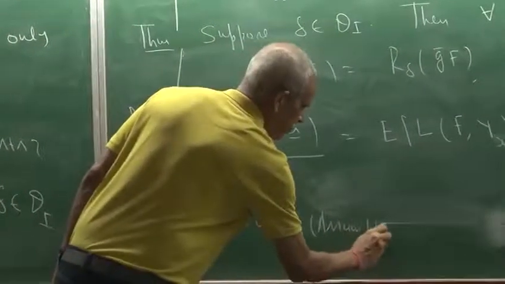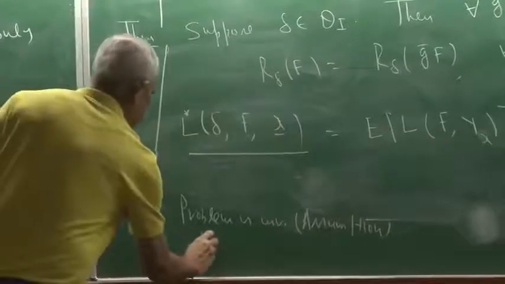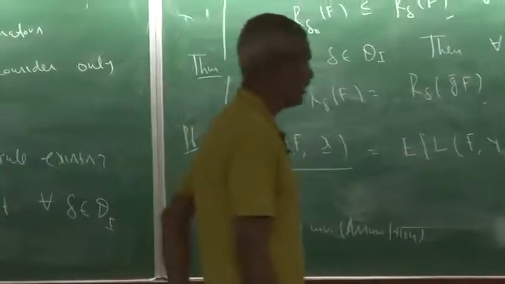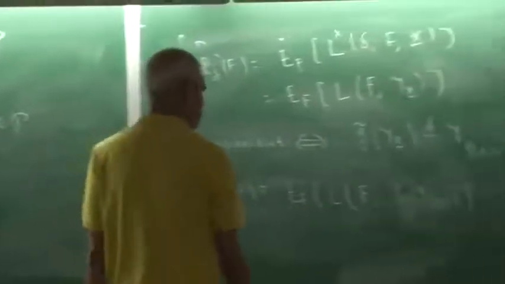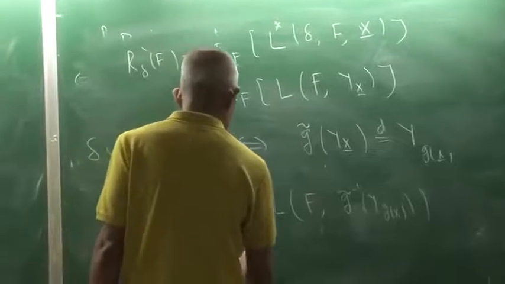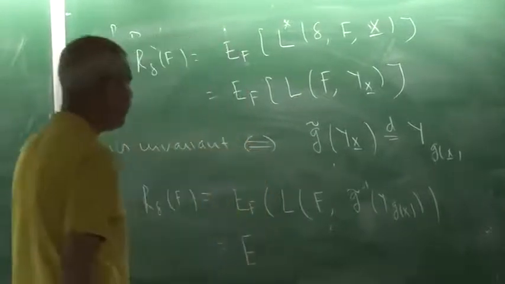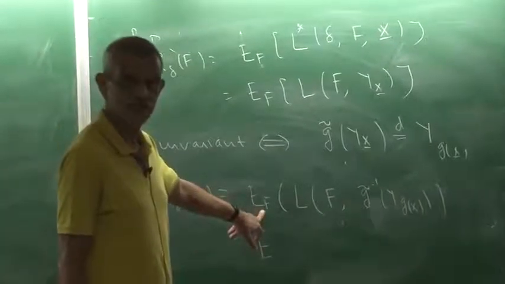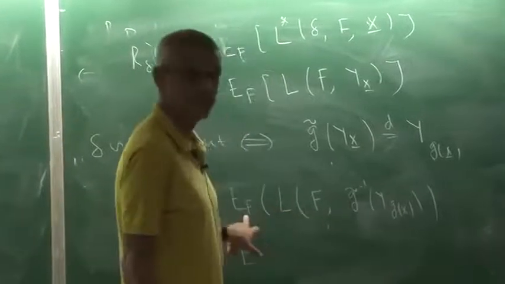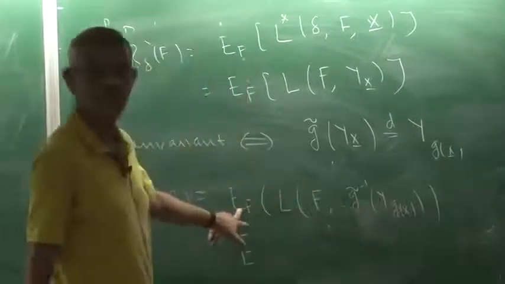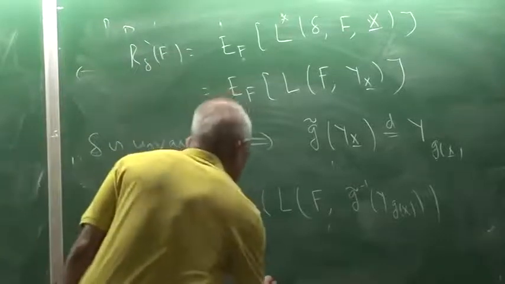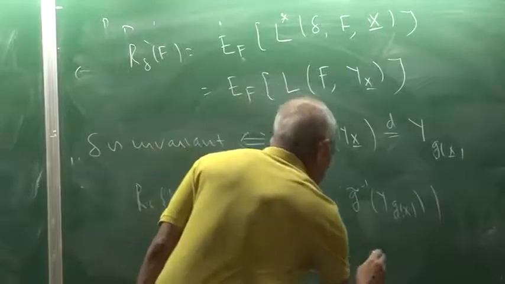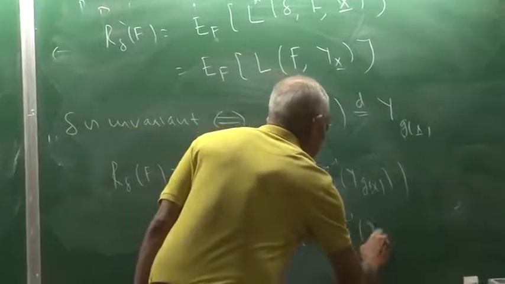So your decision or estimation problem is invariant under G, and delta is an invariant decision rule, and this is what happens. This is same as E of... Now note that this was when generic random variable x has a distribution function f. Now note that when x has a distribution function f, gx has a distribution function g bar f. So I can write down this as E of g bar f, and then L f, g tilde inverse y of x.